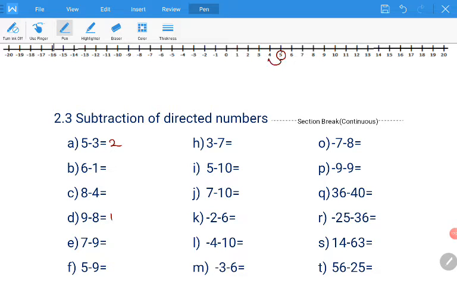So it's 1, 2, 3, 4, 5, 6, 7, 8, 9. So here the answer is -4. That's our answer. You should be very careful not to leave out the negative sign, because there is a big difference between 4 and -4.